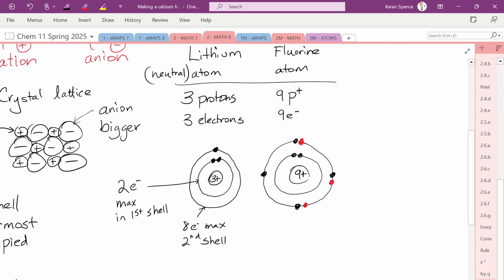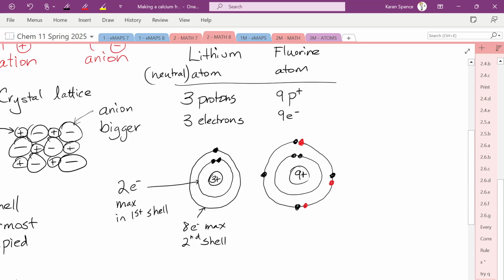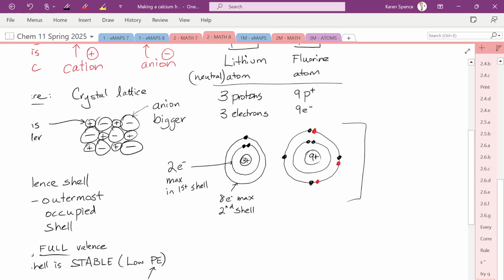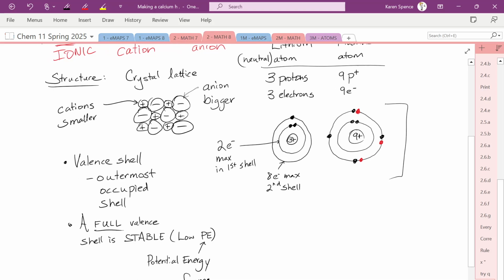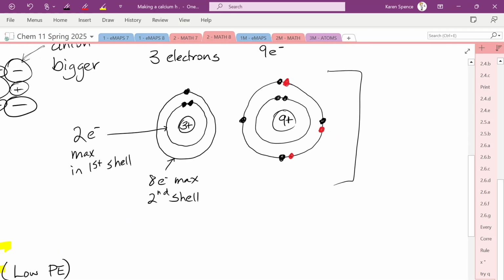Are these electrons stable or unstable? Is this system here stable or unstable? Remember, a full valence shell is very stable. Are we stable or unstable? Unstable, because we would need to either fill that up with another 7 electrons or get rid of that 1 electron.